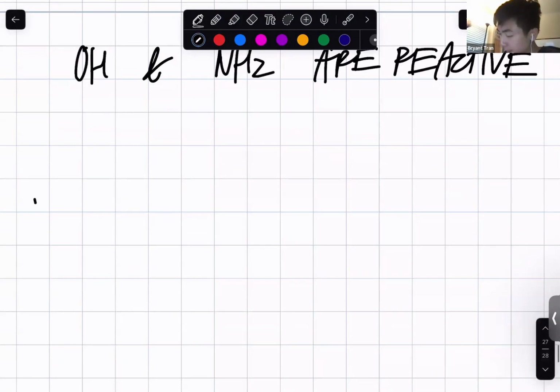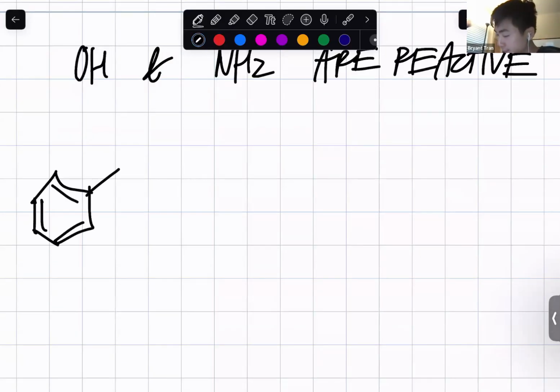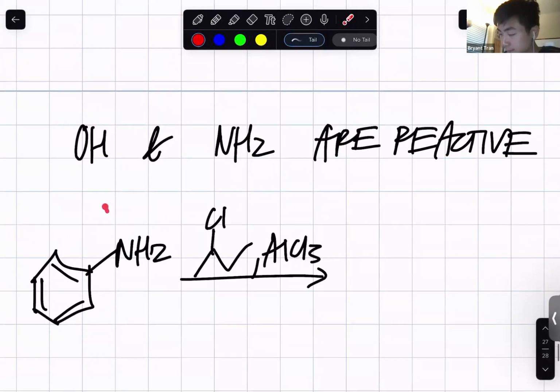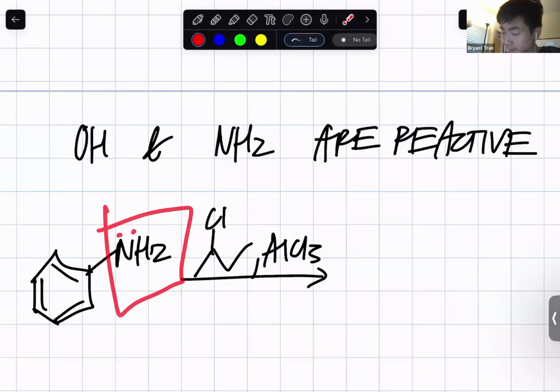So let's say we have this benzene, and we have an NH2, and then we try to do Friedel-Crafts alkylation with this haloalkane and metal Lewis acid catalyst AlCl3. We know this is a strong EDG, so you might think that we're gonna add this group onto the ortho or para positions, right?